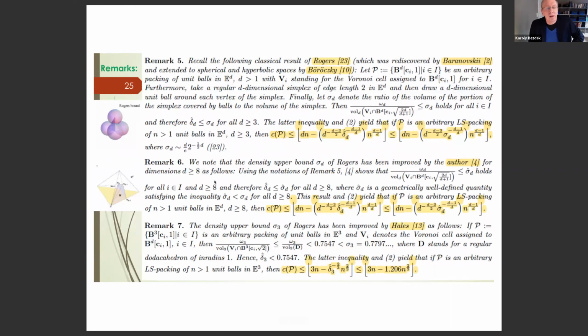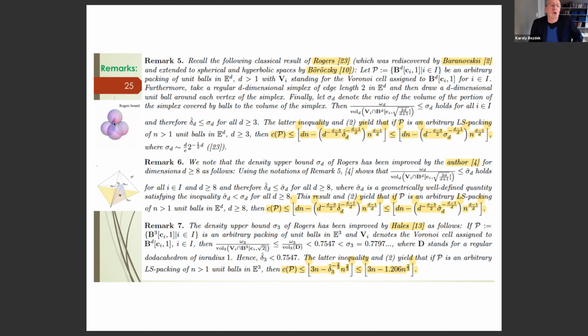Most concretely, the origin is Rogers. Rogers' upper bound for unit ball packings is a very geometric upper bound. One can briefly say you take a d-dimensional regular simplex of edge length 2, and you draw unit balls centered around each vertex of the simplex, and you take the fraction of the simplex covered by the unit balls.